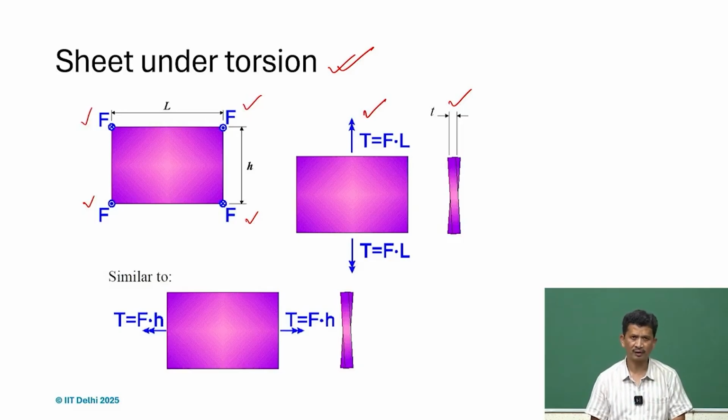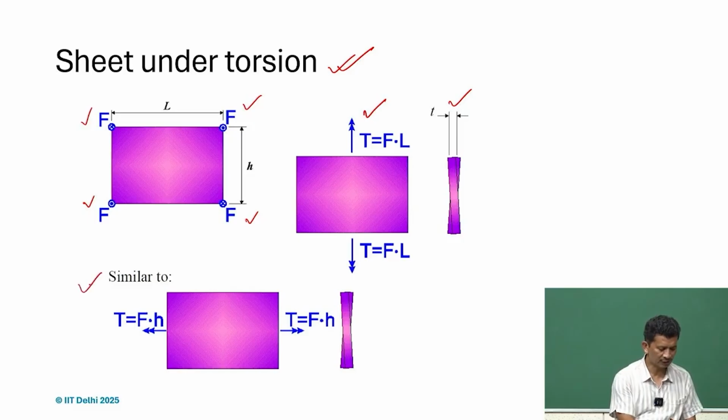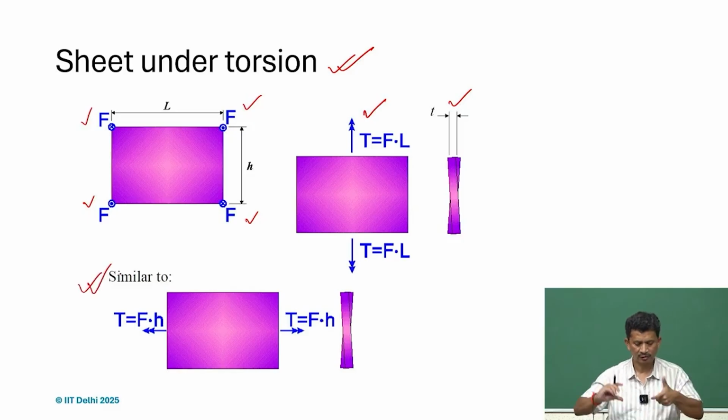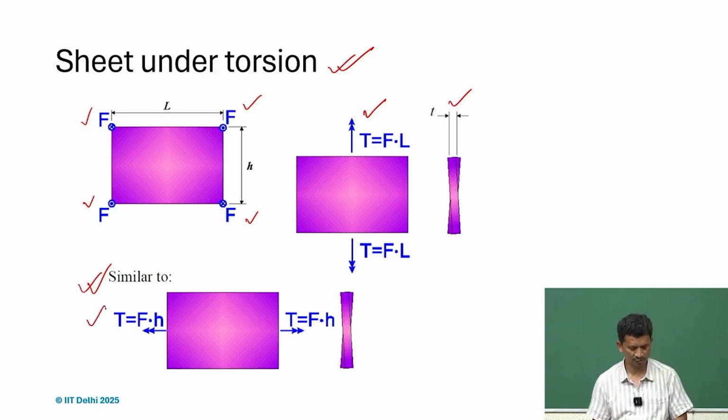So F times L. If we see from one direction, it will be this. But from the other end, it will also be the same. So the T will be F times H, and the twist will be the same. So either way is the same.